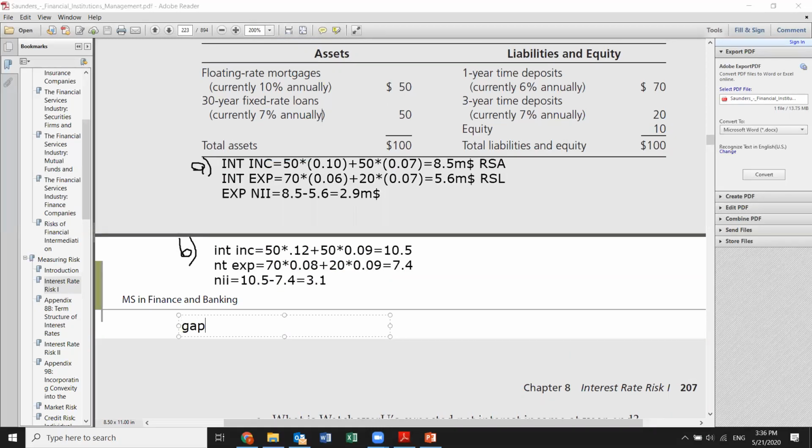Tell me how we find the gap. Rate sensitive assets minus rate sensitive liabilities. And our rate sensitive asset is floating rate mortgages, because fixed are not rate sensitive assets. So 50. What about the liability?